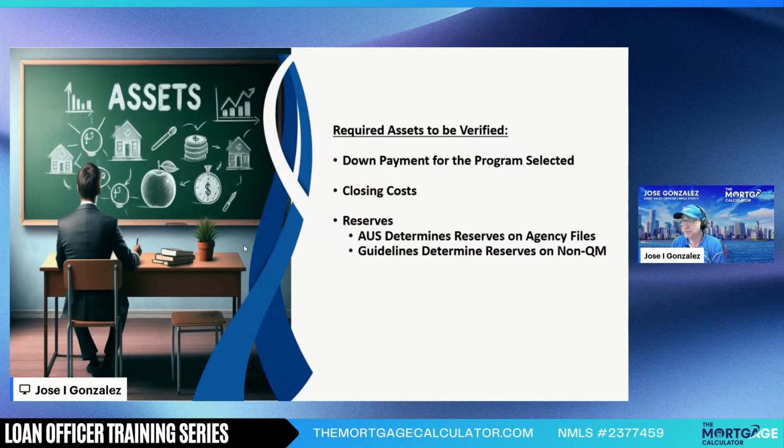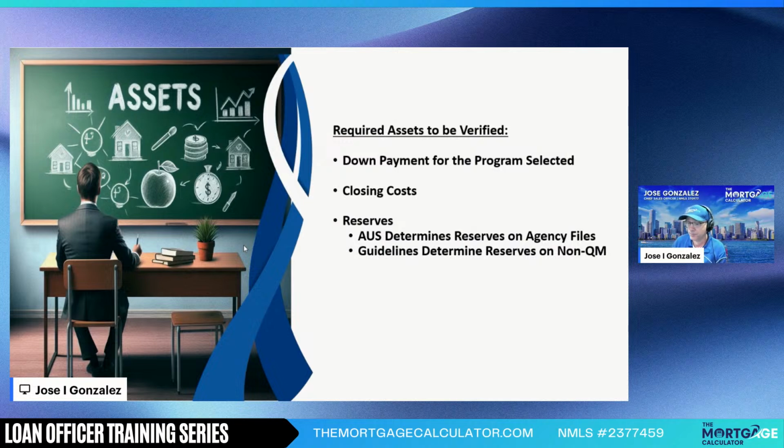So what we're specifically referring to here is the required assets to be verified for the cash to close. We're talking about the down payment for the program selected, the closing costs, and the reserves. And as previously stated, if you're doing an agency loan, FHA, VA, USDA, or conventional, that's what we're referring to when we state agency, automated underwriting determines the reserves.